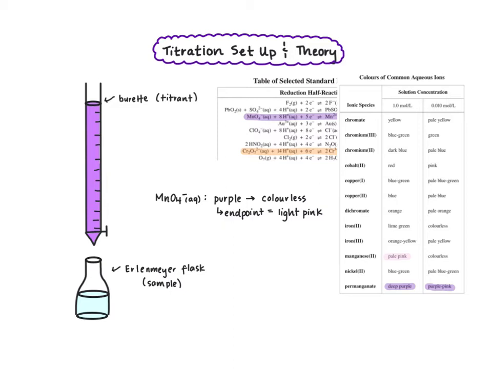If we were to use dichromate for our titration, dichromate is an orange color or a pale orange color. And chromium 3+, which dichromate forms, is either green or blue-green. And because we're often diluting this down, if we start with dichromate in our burette, we'll see the dichromate is going to go orange, and then when it reacts, it'll look either pale green or colorless.